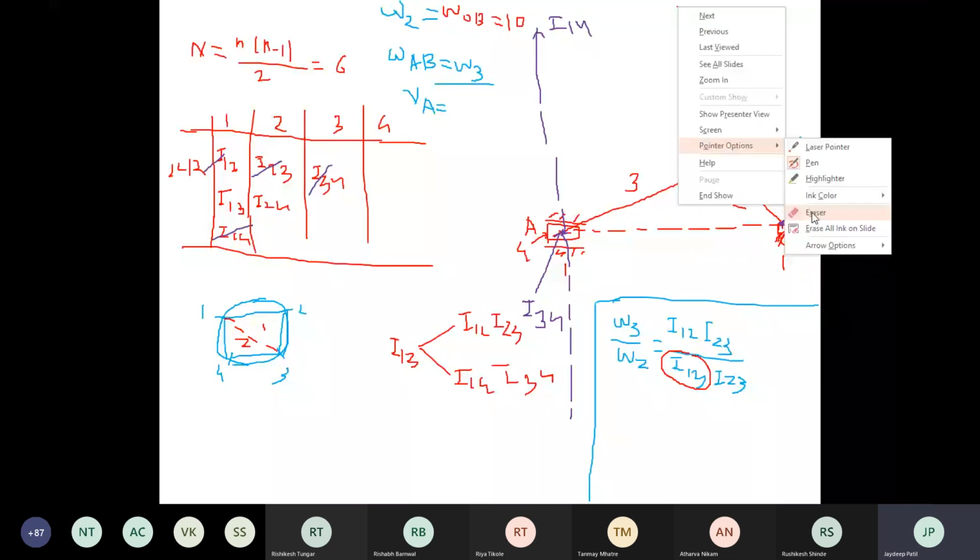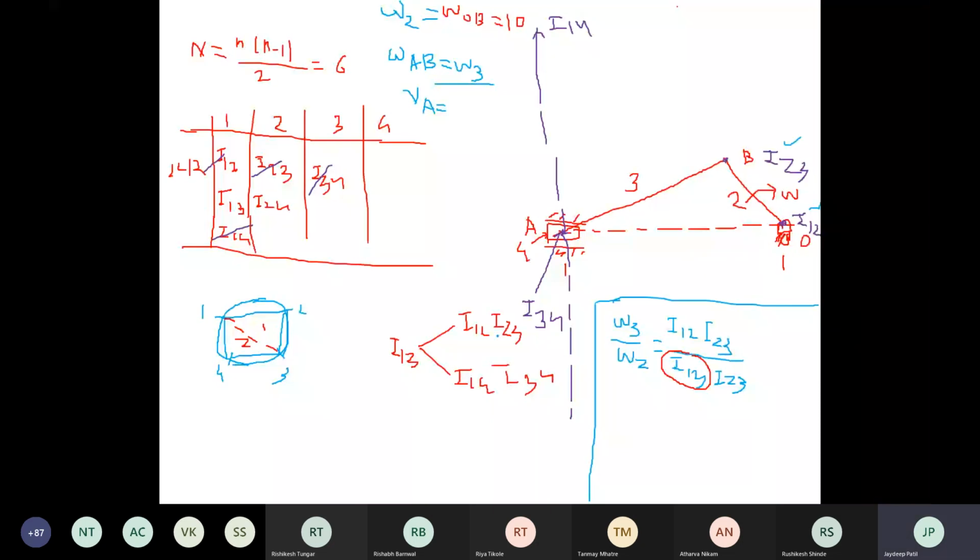Now join this I12, I23 and extend this. Now see the I14 and I34. Where is I14? Here I14 is at infinity. And where is I34?